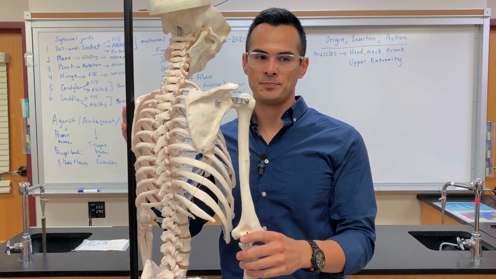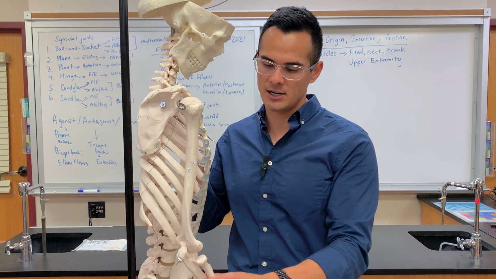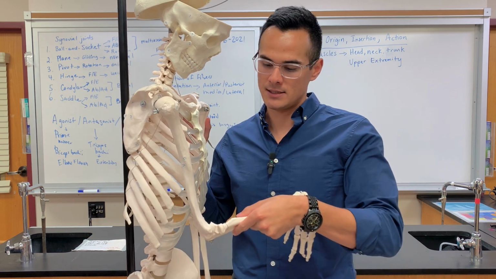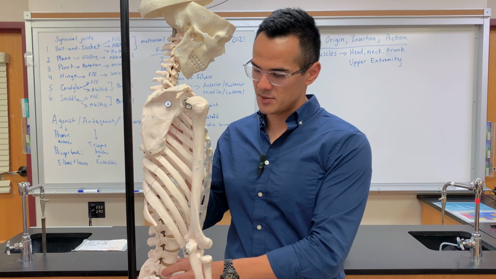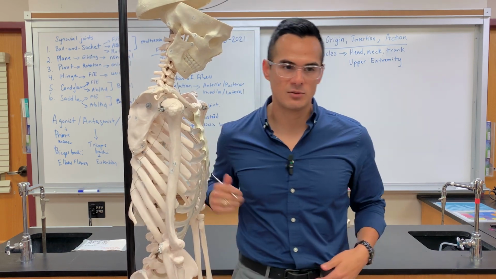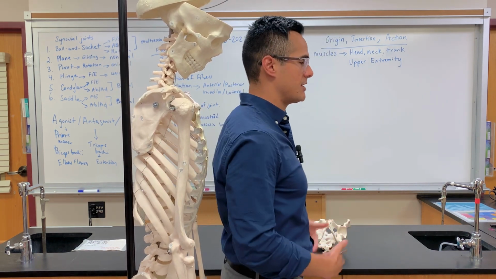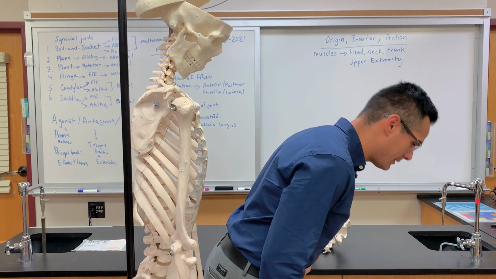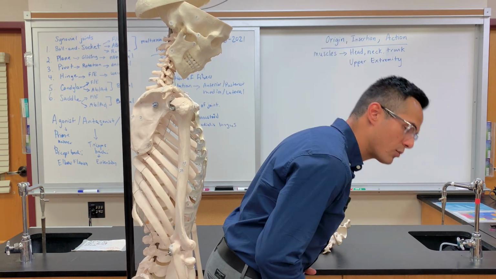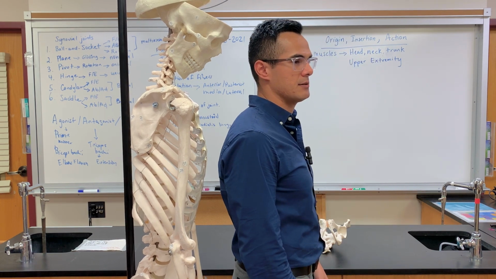You also have the elbow, so this is elbow flexion, and this is elbow extension. Also at the spine, if I'm in this position and I go forward, this is flexion, and coming back upwards, this would be extension.